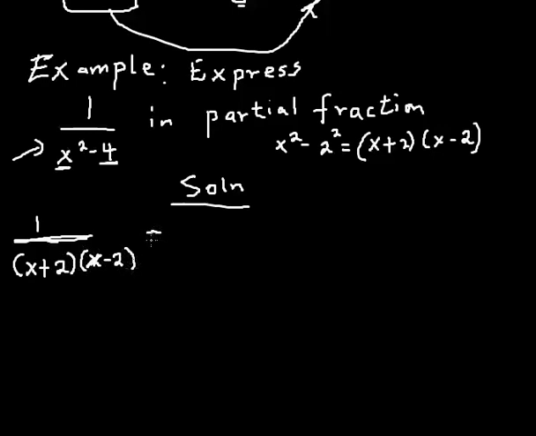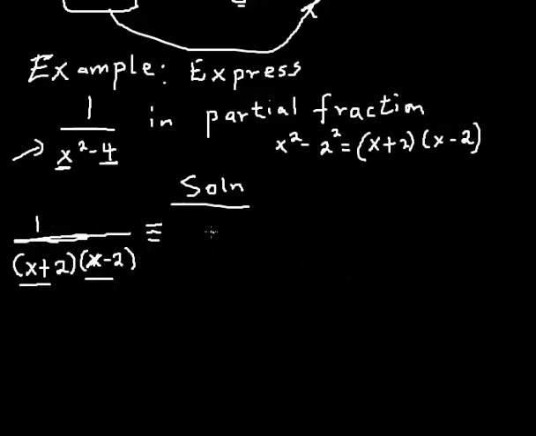All right, so now to express this as a partial fraction, I'm going to have two fractions in which one fraction will take this denominator and the other fraction is going to take this denominator, but what I don't know is their numerators. That is the whole idea. I want to find the numerators.